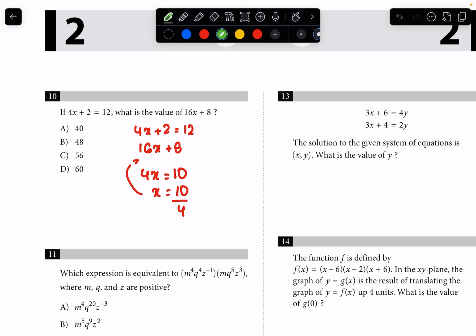The other one we are looking out for, we can say 16 times 10 divided by 4 plus 8, which comes out to be 48. We can say that the value of 16x plus 8 is 48.